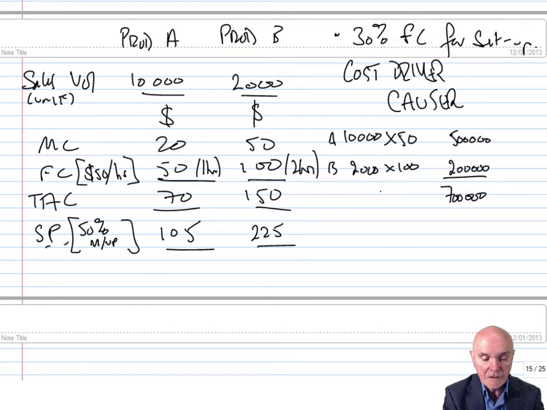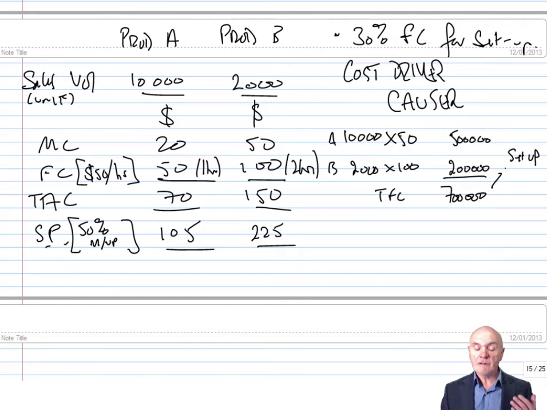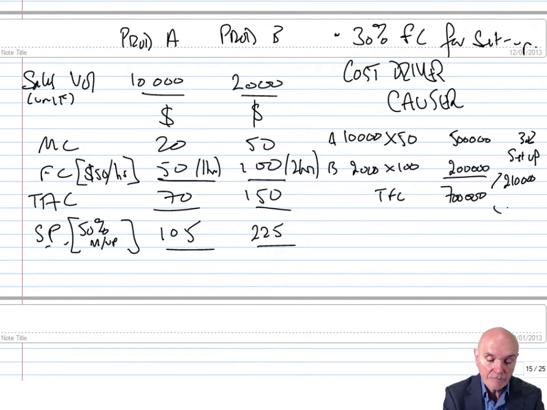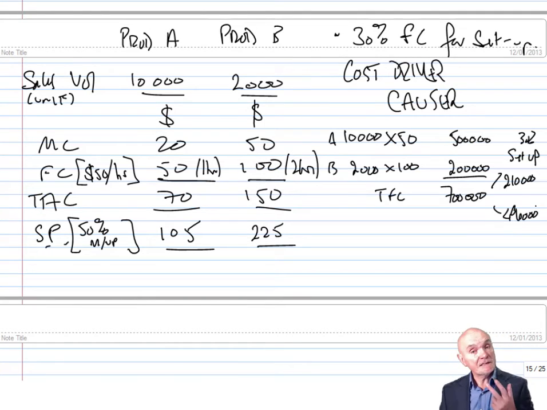That's your total fixed costs. And we're saying that 30% of that is setup. So 30% of that's going to be 210. So that's your 30%. And the rest of it, the 70%, is going to be 490. And we're going to treat these differently. These are distinctly different sets of costs.